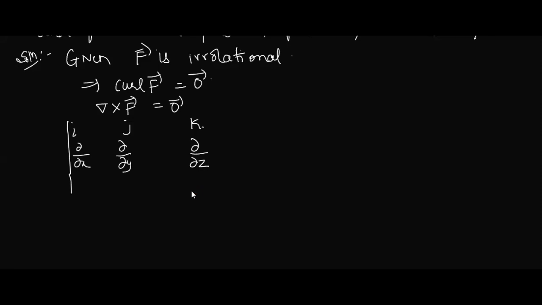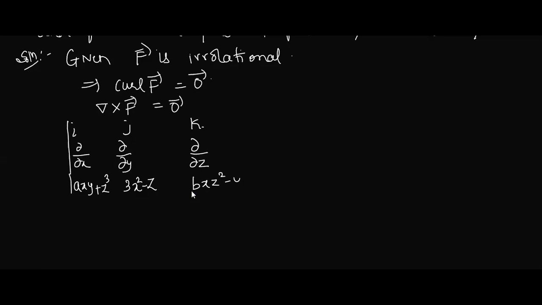Can anybody help me in writing? You can help me if you have copied down the question. Coefficient of I for given F is axy plus z cube, isn't it? What is the J coefficient? 3x square minus z. And K coefficient is?